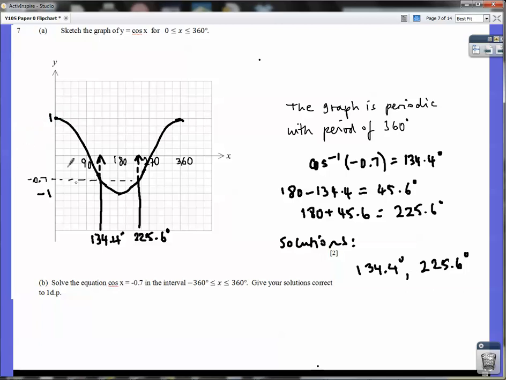What I've got here is going to repeat on the other side. So I'm actually going to get minus 134.4 and minus 225.6. And those are the same as the answers you get if you subtracted 360 from those. So the answers are plus 134.4 or minus 134.4, and 225.6 and minus 225.6. I've given the answers to one decimal place, which is what the question asks me for.